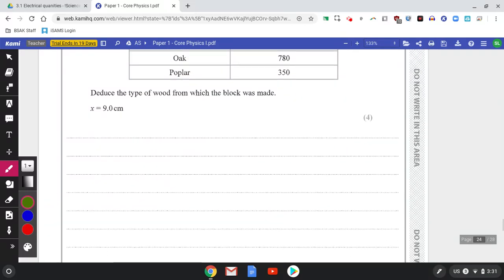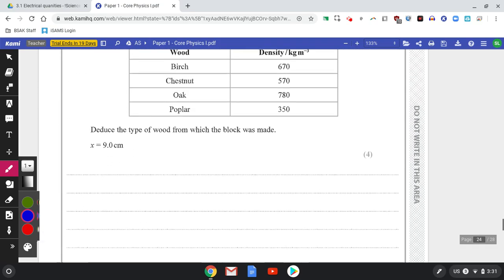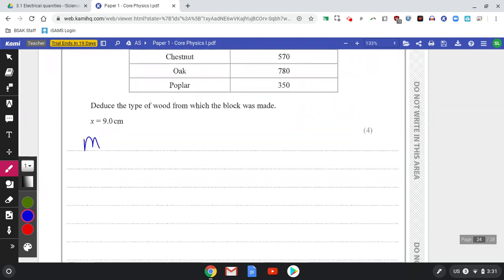But the gradient is rho s x, isn't it? So the gradient m is rho s times x. Now, with x as 9 centimeters, what's the gradient? I think the gradient's 50, isn't it?